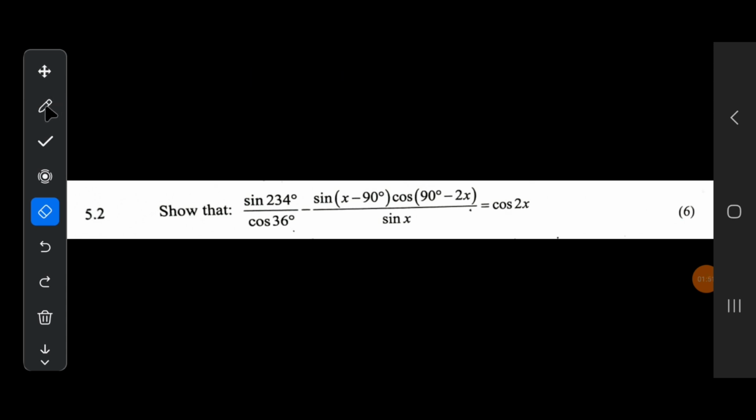So what do we do here? We cross multiply. So sine 234 multiplies cos 36, which multiplies everything there.